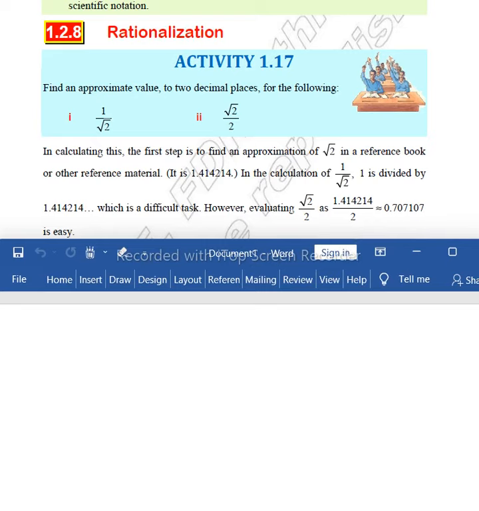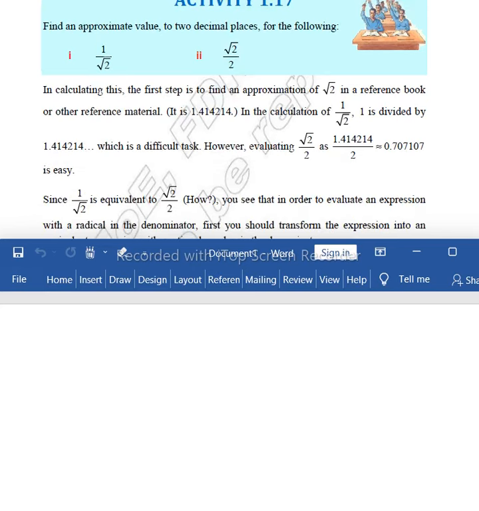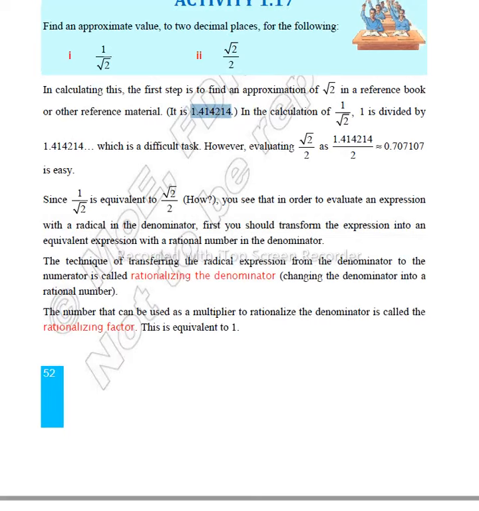This activity says find an approximate value to two decimal places for the following numbers. The numbers here are 1 over square root of 2 and square root of 2 over 2. To find the square root of 2 we get 1.414214, and it will be continuous.